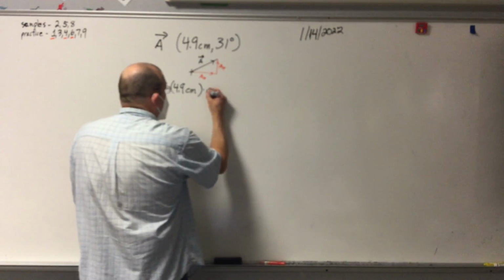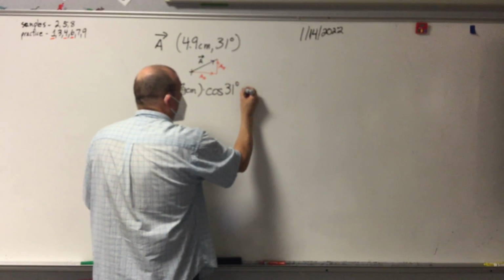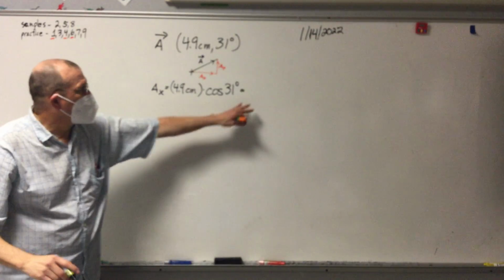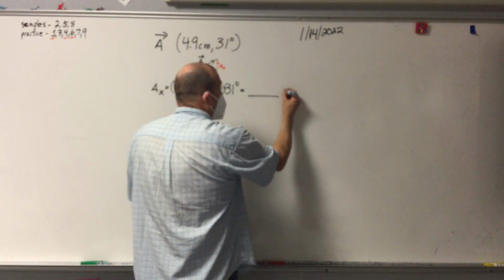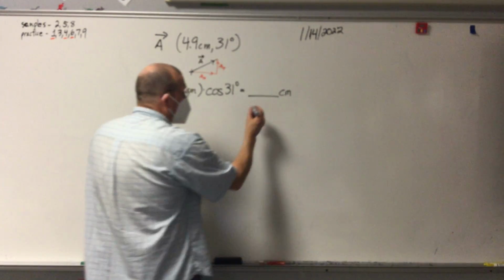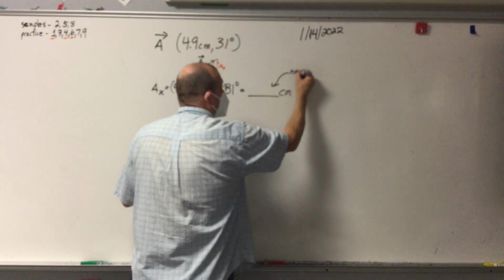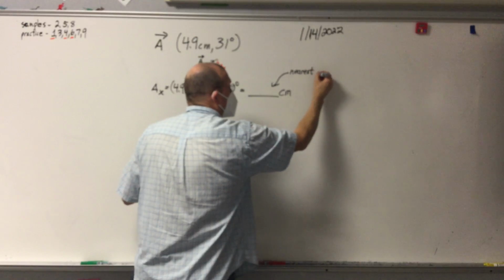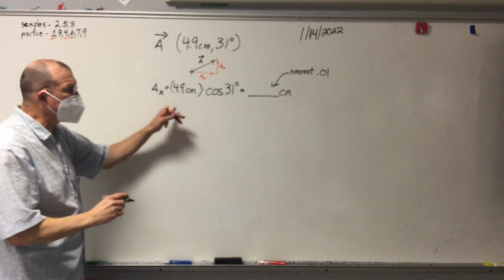The cosine of the angle. Then give me the final answer for this calculation, and remember, it should have units on it. Round this number to the nearest hundredth.